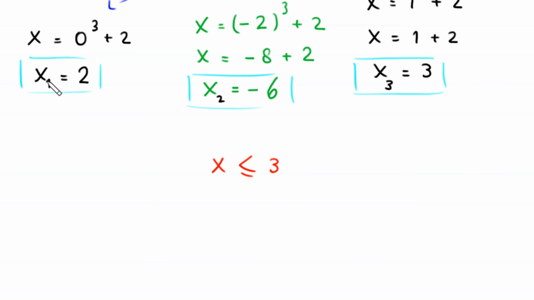This first value of x, 2, is less than 3, so this is a valid solution. This negative 6 is also less than 3, so this is also a valid solution. And this third value of x, 3, is equal to 3, so this is also a valid solution. So for the given equation we have three solutions: 2, -6 and 3.